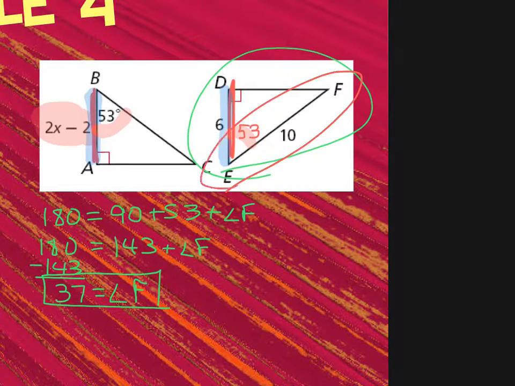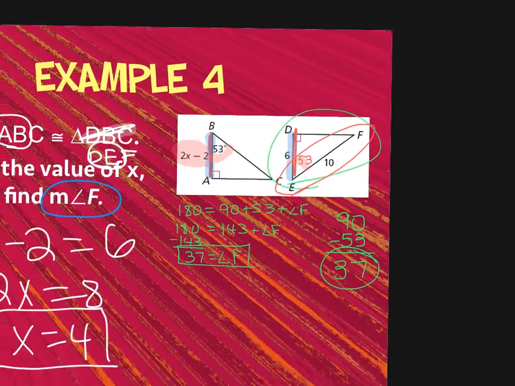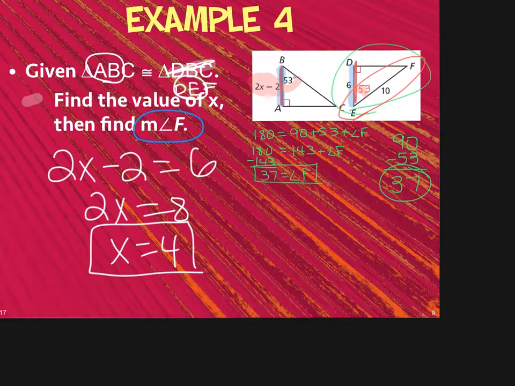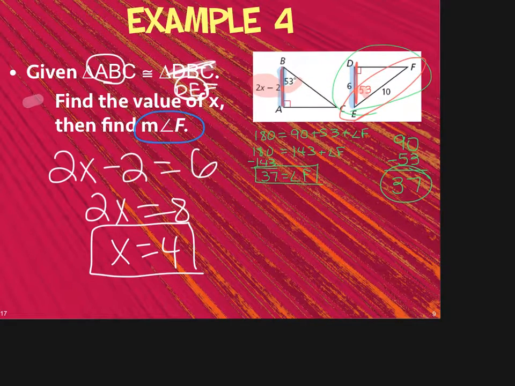So E and F have to add up to 90, which means I can do 90 minus 53, and I get 37. So either way, angle F would be 37 degrees. Questions on either parts of that?